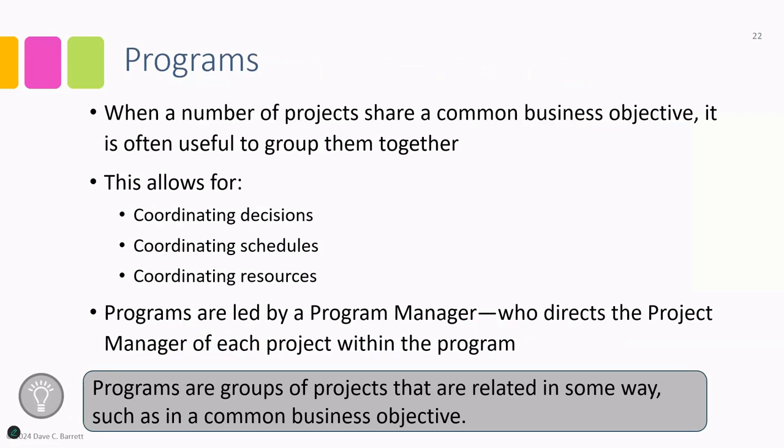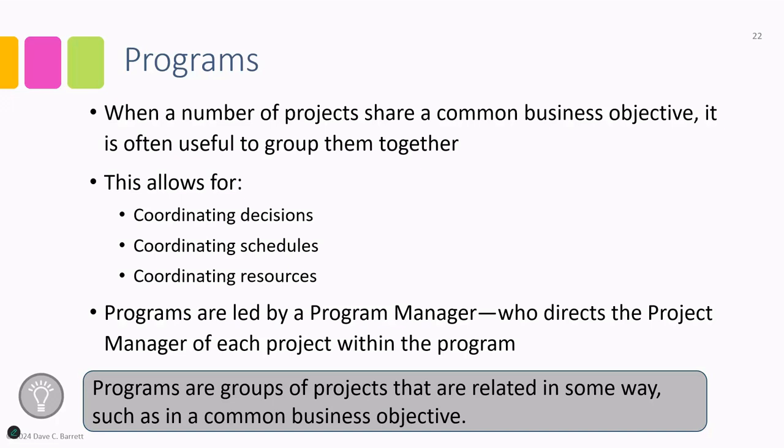And this brings in the concept of programs. A program is defined as a group of projects that are related in some way, that have, for example, a common business objective. And for that reason, it's often useful to group them together, to view them as interrelated projects that are all being performed for a common purpose or business objective.